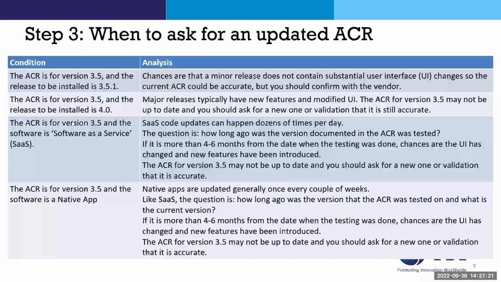And so if you have a version number like 3.5 in our example, and they send you an ACR for a release 3.5.1, where the difference is further down in the hundreds column, and the whole number at the beginning, the 3, is the same, and the dot version, the .5 in the tens place, is the same, you're probably okay. But you want to confirm with the vendor.